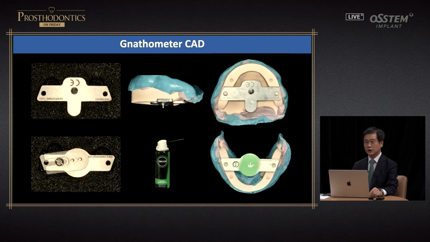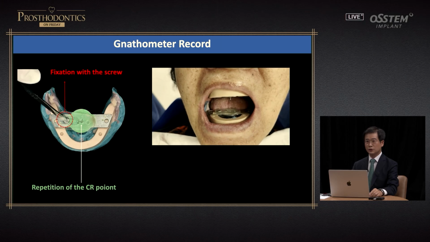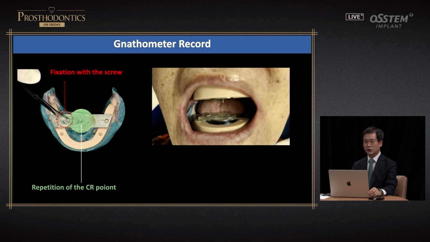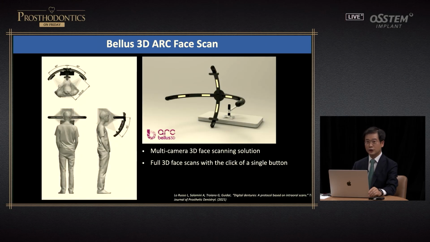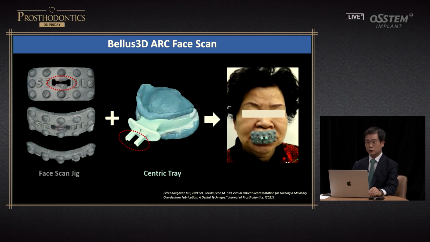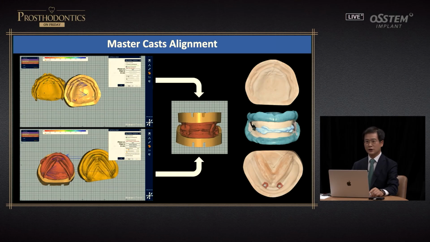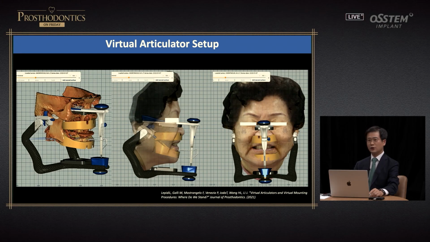Then in the same position, you let the patient bite to get a clean metal sound, for the comfort of the bite. Then the bite jig is connected, so the face scan jig and a natural smile with the denture and the rest of the face are scanned, and with that I create this type of virtual patient.